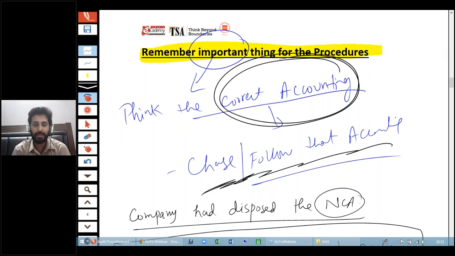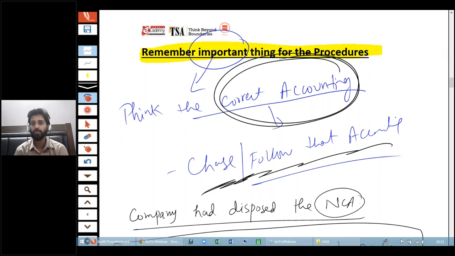Let's say management has completed a lease transaction, so you should follow the IFRS 16 criteria. Management had done research and development, so you need to follow IAS 38 criteria. Management had done inventory, so you should follow IAS 2 criteria.